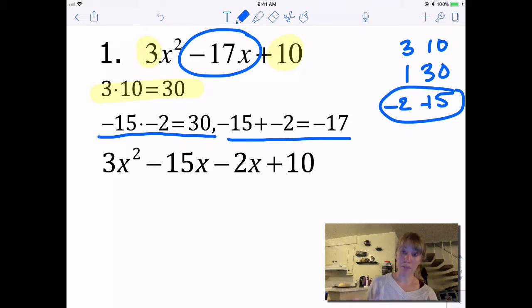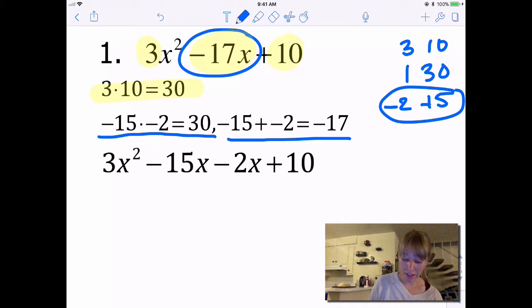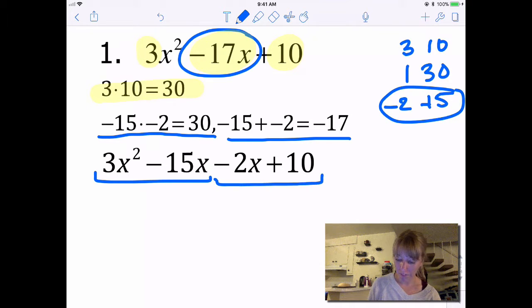So here is the big step. Negative 17x can be written as negative 15x minus 2x. So I'm breaking that 17x up into those two factors. Once I have that, then I can just factor by grouping.